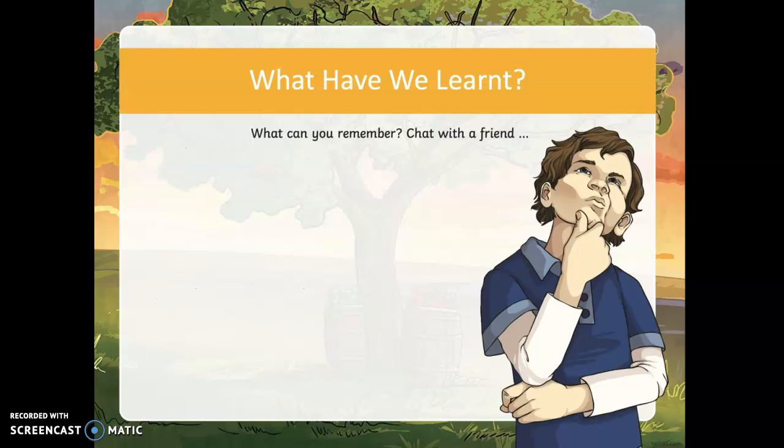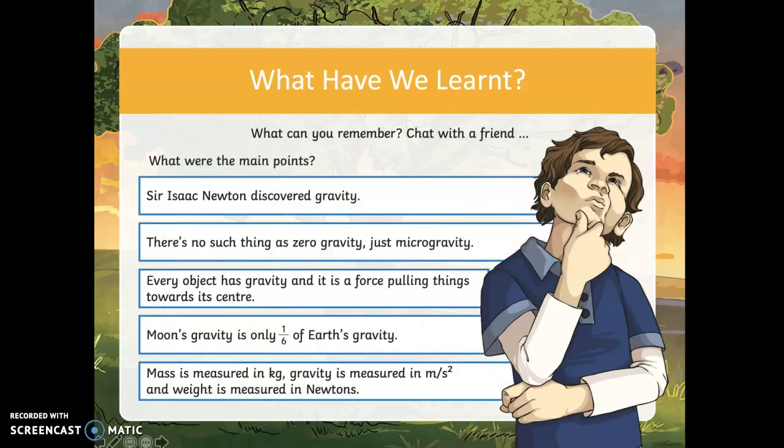So, what have we learned? Well, what can you remember? I'd say chat with a friend, but unfortunately we can't right now, and we will chat together shortly as we meet at the end of the lesson together. However, what are the main points we've talked about? So, Sir Isaac Newton discovered gravity. There's no such thing as zero gravity, just microgravity.